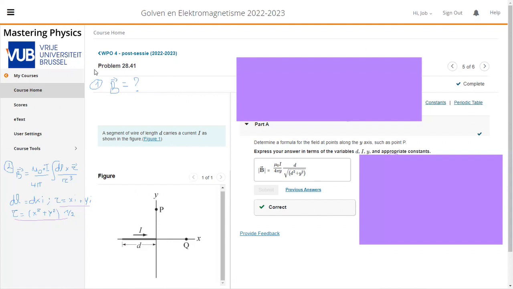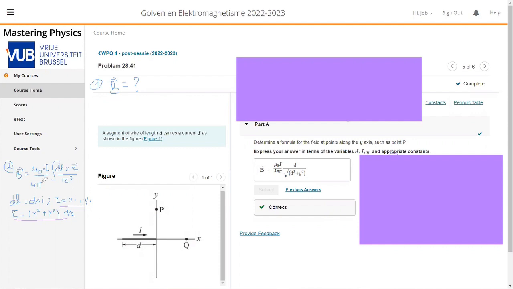How did I do this? Basically, I knew that it was just a wire, and in this wire you can divide it into infinitesimal segments. So this segment will help you find the total magnetic field in this inner direction.